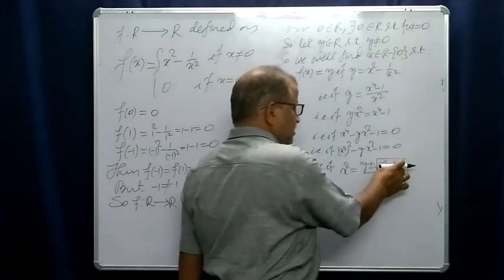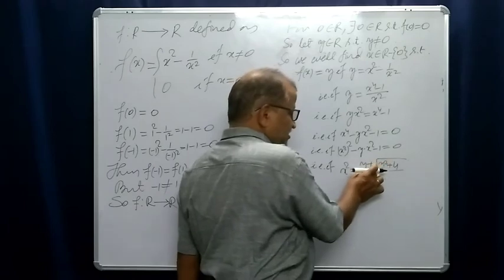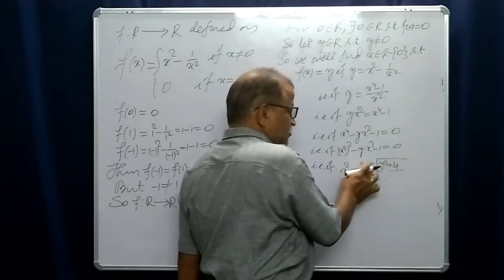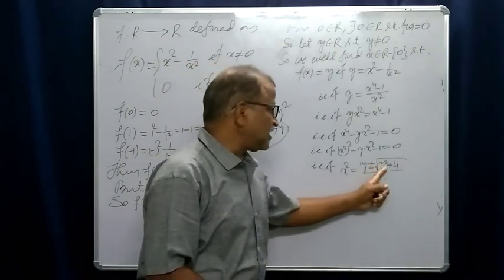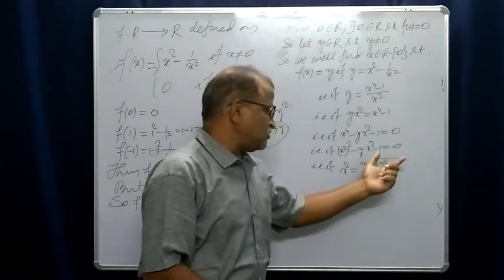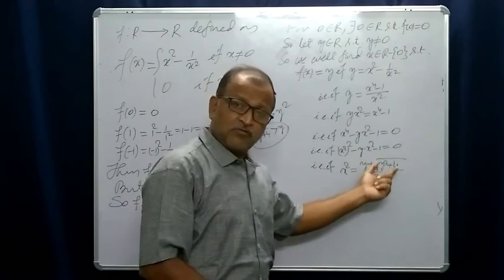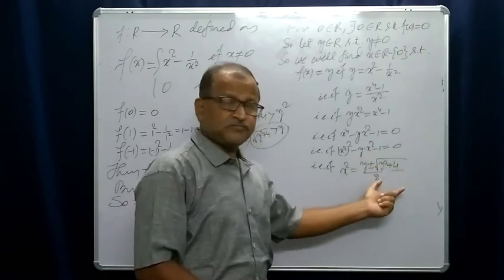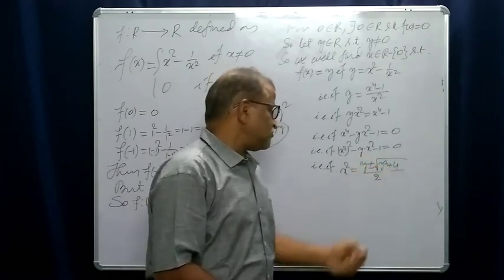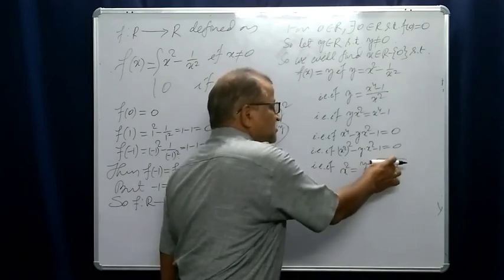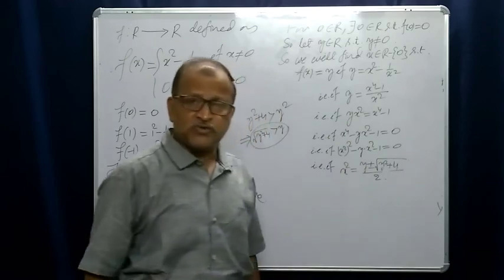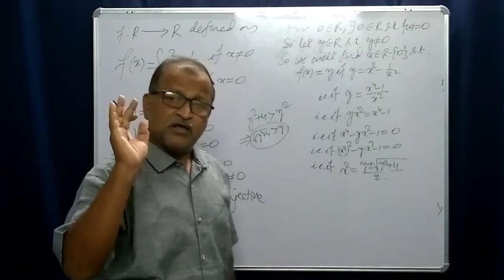When the root is greater than y, if it is minus here, the total will be a negative quantity: y minus a number which is greater than y, because root over y square plus 4 is greater than y.